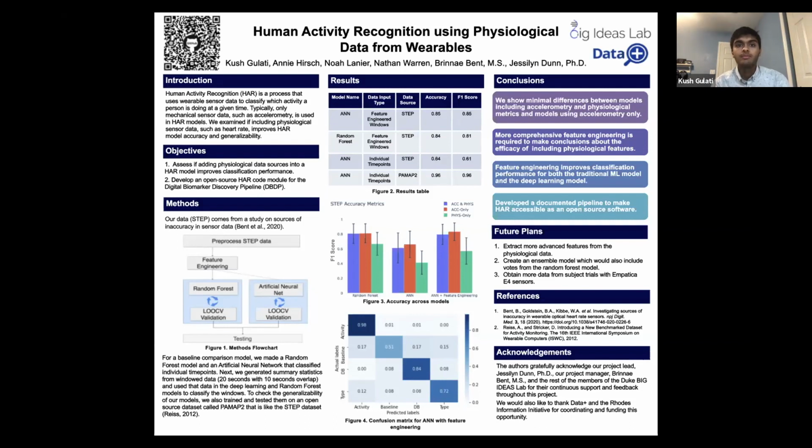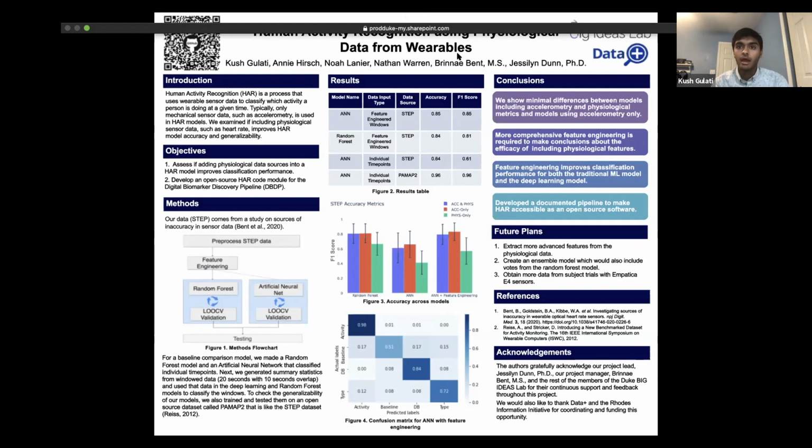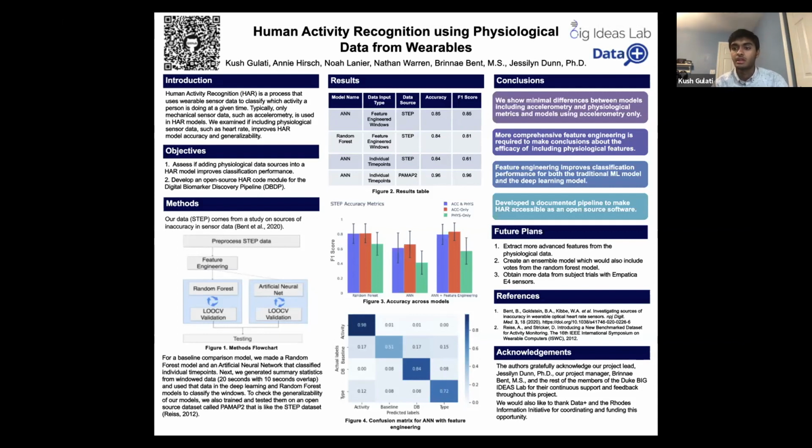We did a lot of experimentation with deep learning models at the beginning of our project, and we wanted to also try traditional machine learning approaches to see if they were able to capture the information gain in our sensors, especially with feeding in feature engineered windows. And as you can see from our results, the random forest and ANNs are actually very comparable in terms of accuracy when given the feature engineered windows.